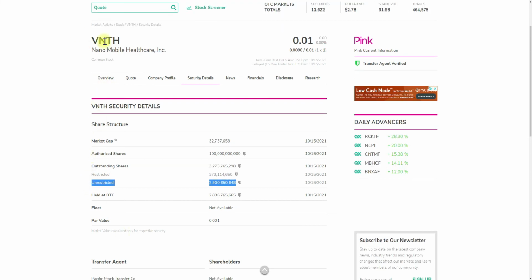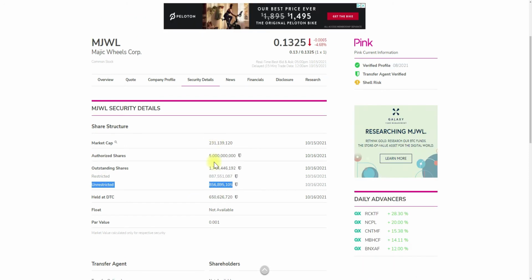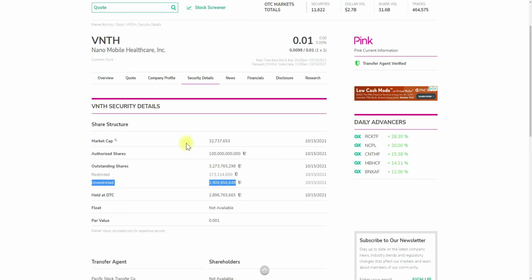If we go back to VNTH, we're looking at 2.9 billion. Okay. So big difference here. Okay. Now, so when we're talking about 26 going through there, that's a large number of increase. So if we multiply that by, it's like 3.5, I think, off the top of my head. Okay, so 8.5.